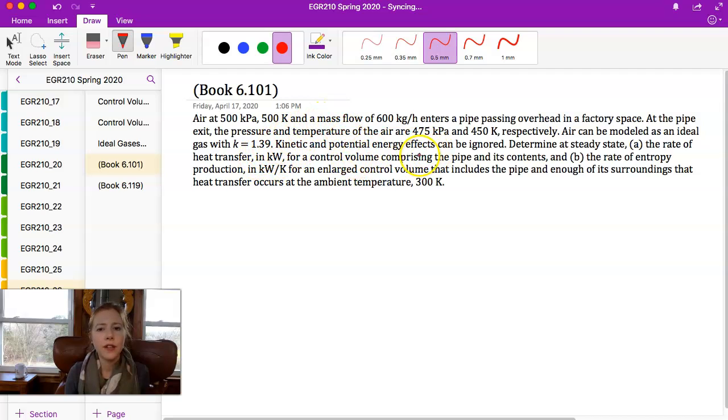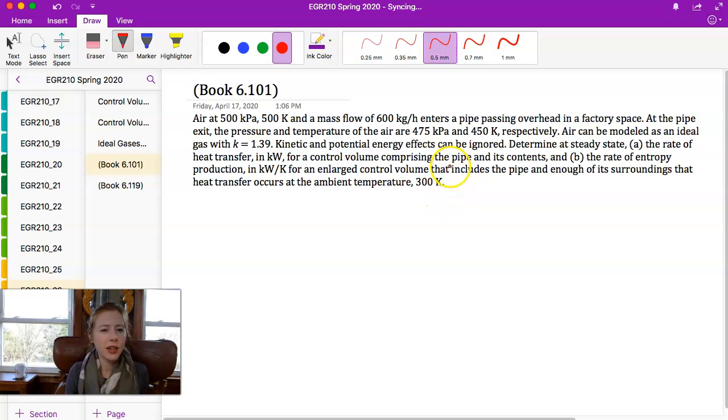Kinetic and potential energy effects can be ignored. Determine at steady state A, the rate of heat transfer in kilowatts for a control volume comprising the pipe and its contents, and B, the rate of entropy production in kilowatts per Kelvin for an enlarged control volume that includes the pipe and enough of its surroundings that heat transfer occurs at the ambient temperature 300 Kelvin.